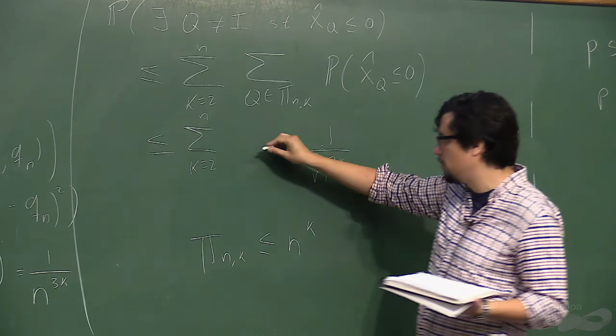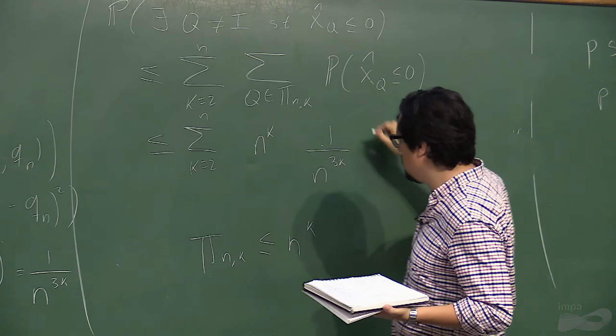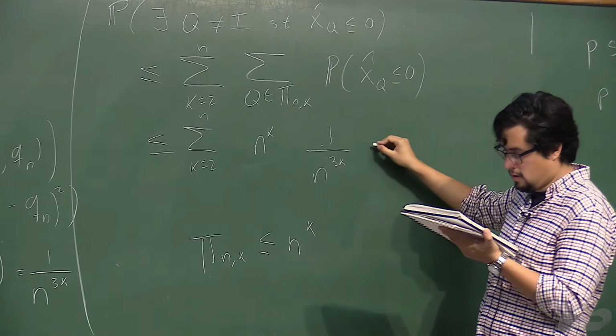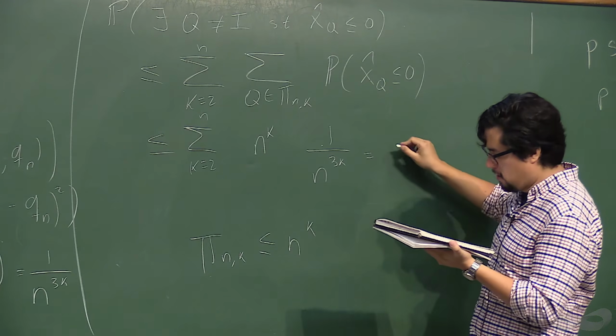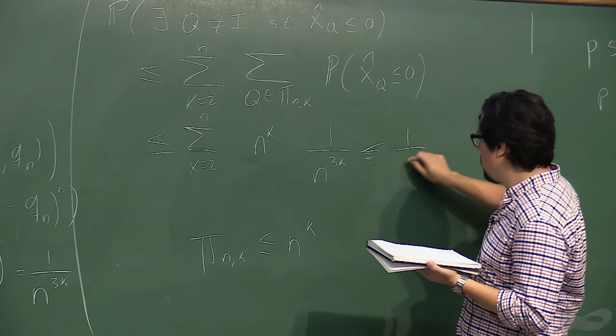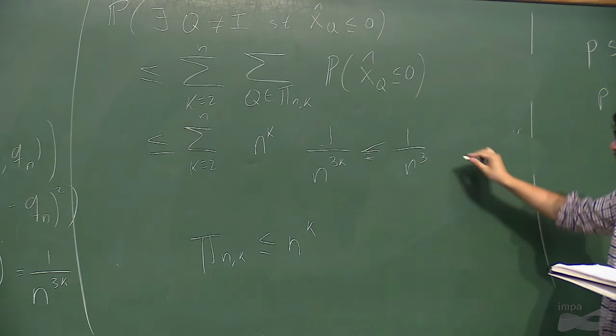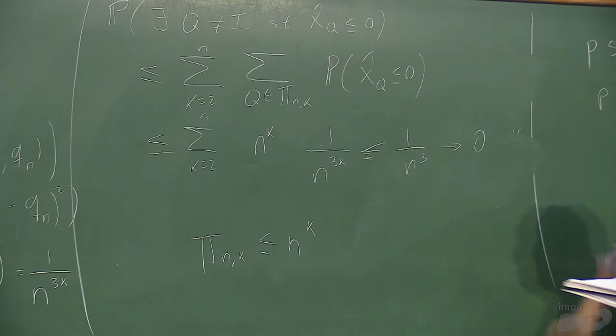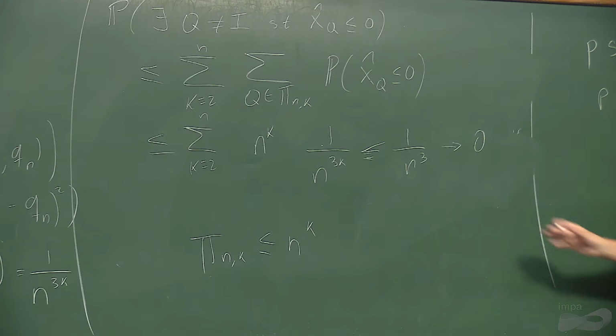I mean, we have less than that, but just as an upper bound. So this is upper bounded by 1 over n cubed, which goes to 0 as n goes to infinity, right? So basically, the probability of making a mistake is going to go to 0, and then we get correct recovery of a permutation.